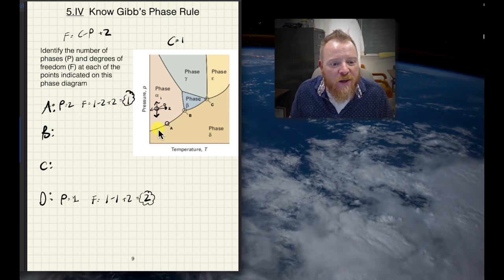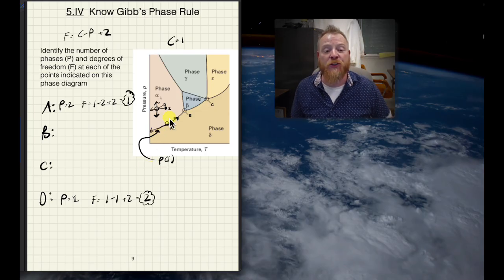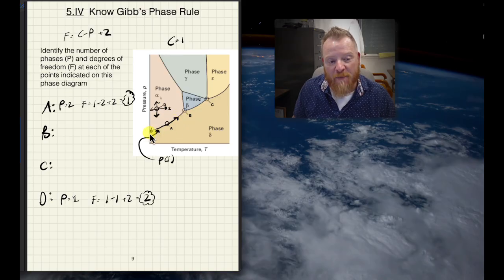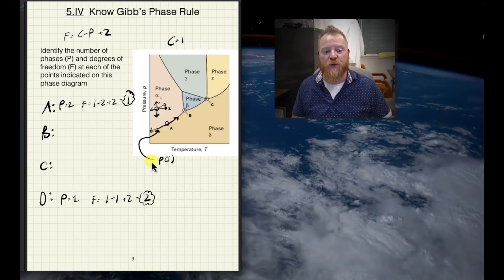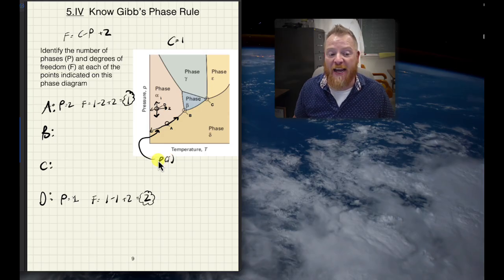So that 1 degree of freedom for point A is P as a function of T. In other words, I can't move pressure or temperature independently and maintain that equilibrium between the 2 phases. I have to change pressure and temperature simultaneously according to some equation.